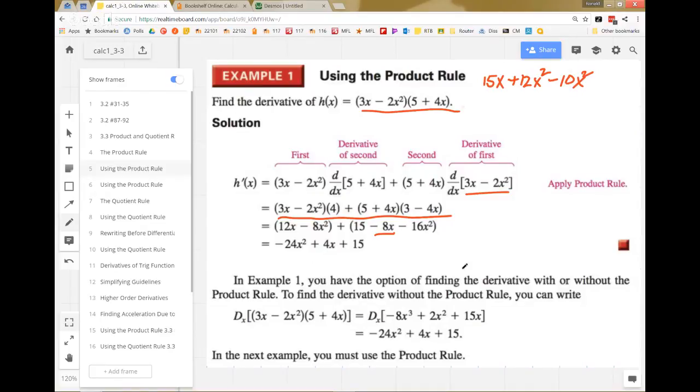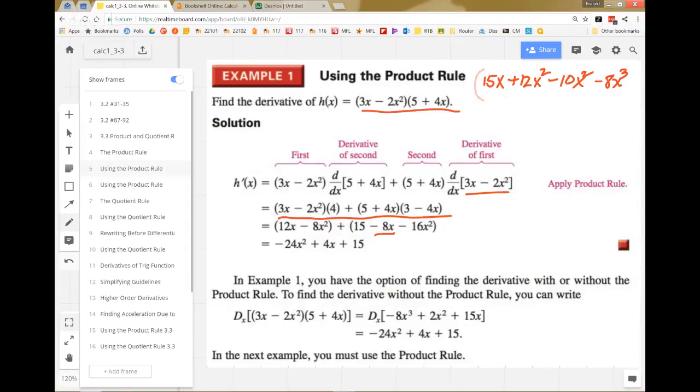Negative 2x squared times 4x, negative 8x cubed. So let me see, did we do that right? Okay. So there it is.